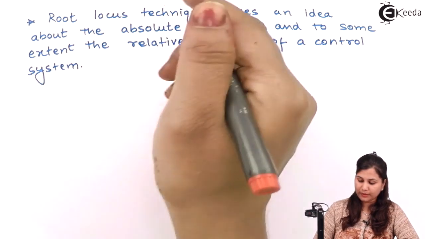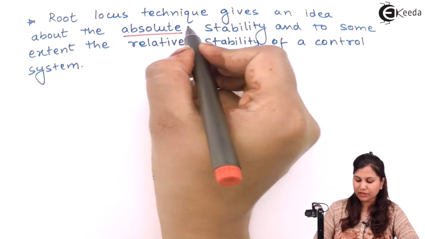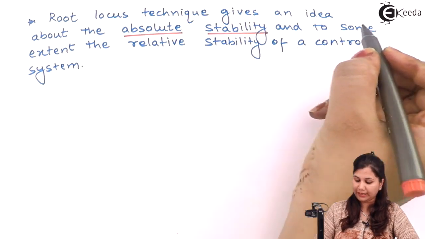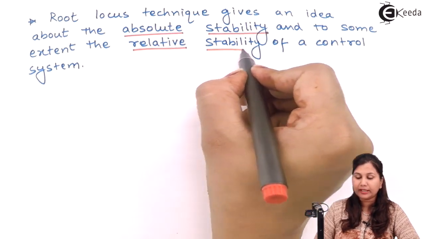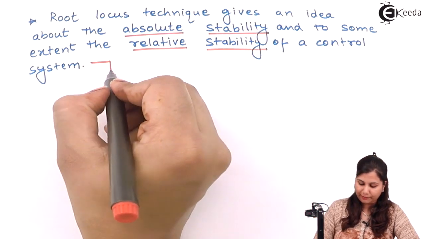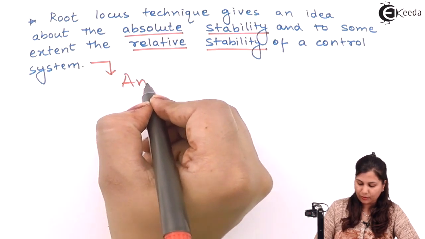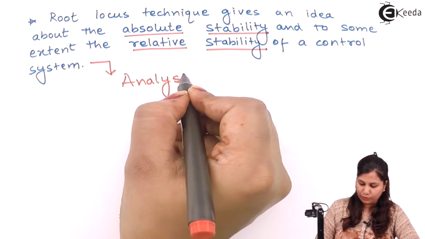As the root locus technique gives us information about the absolute stability and to some extent about the relative stability, it can be used in the analysis of a control system.